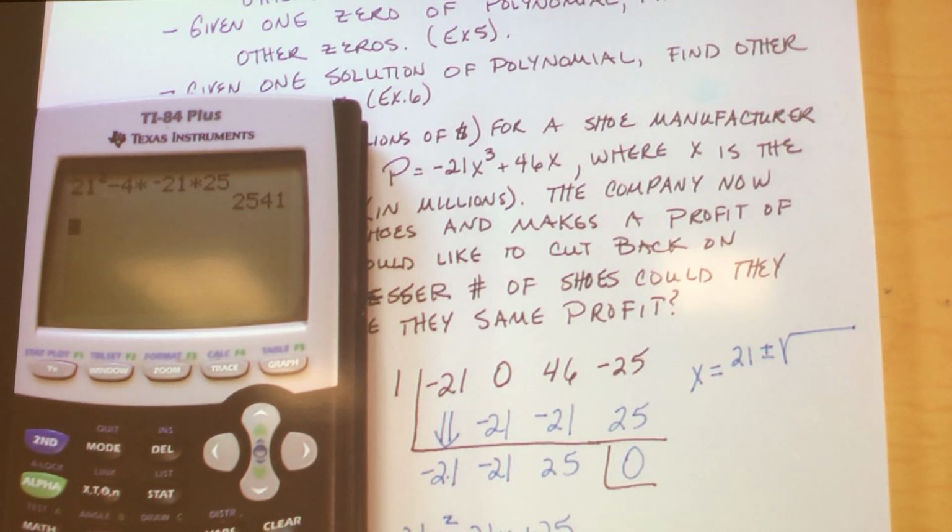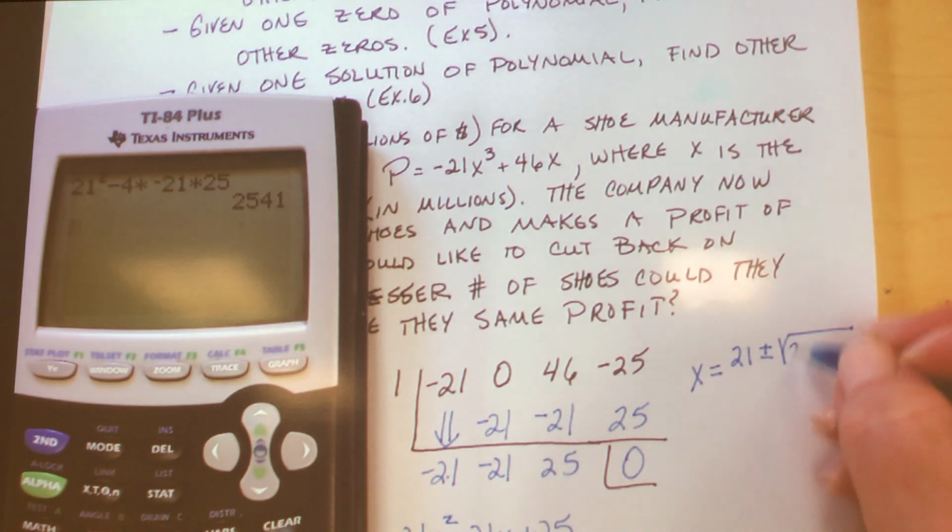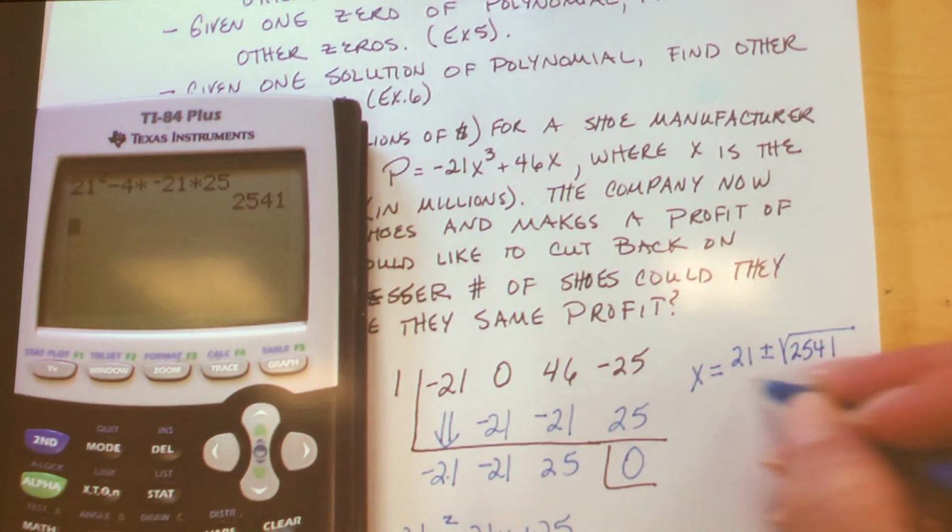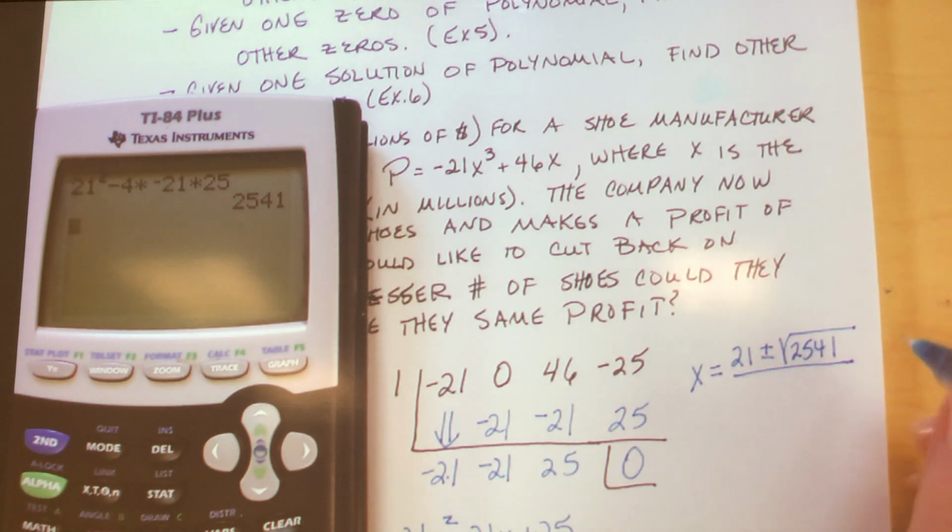This is the number that goes under the radical, all over 2 times a, which is negative 21.